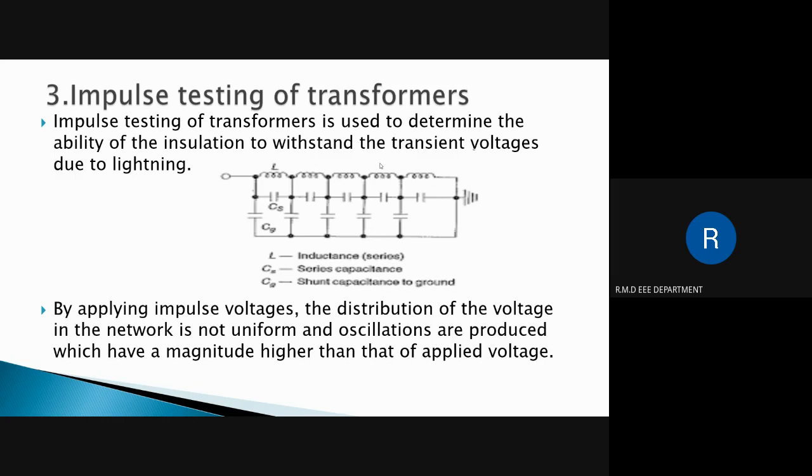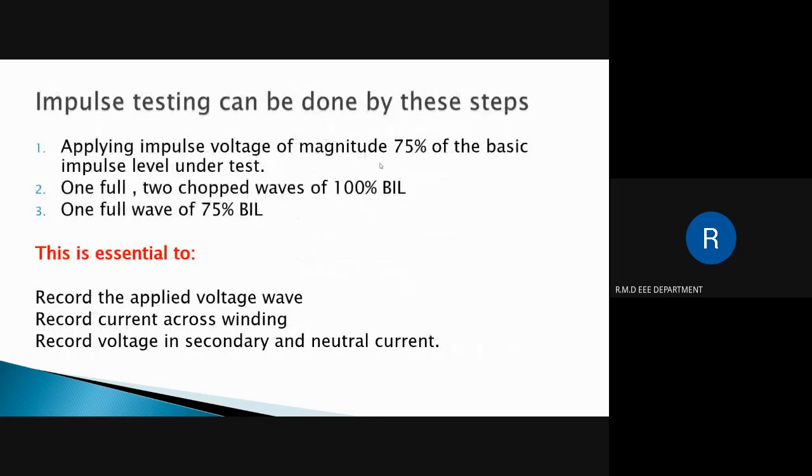First, apply an impulse voltage of 75 percent of the basic impulse level under test, then one full wave voltage of 100% of the basic impulse level, two chopped waves of 100% of the basic impulse level, and then one full wave of 75 percent of the basic impulse level. In this manner impulse testing is done in the transformer.